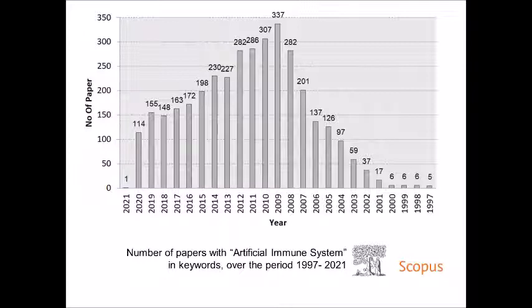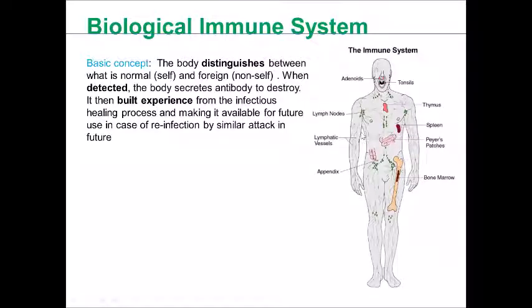Up until now this technique is still available, and from 2006 until 2018, 2019 there are a lot of Scopus and journal papers published related to artificial immune system research.